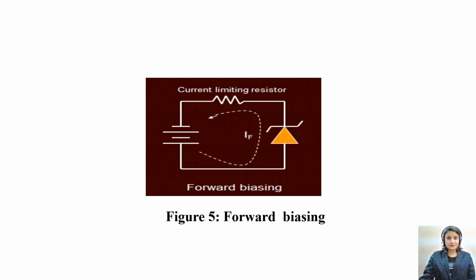So how to do the forward biasing of a Zener? You know that this is the cathode terminal, this is negative, the below one is positive. You have connected the Zener to this. This one is your external voltage. You may call it a battery.